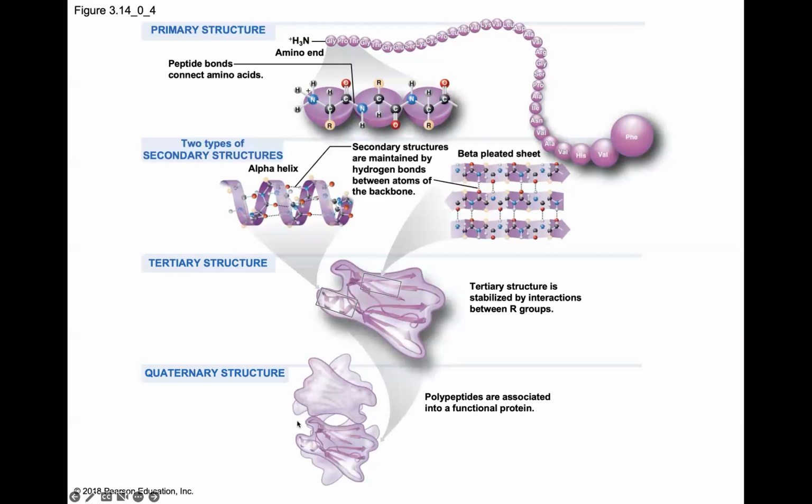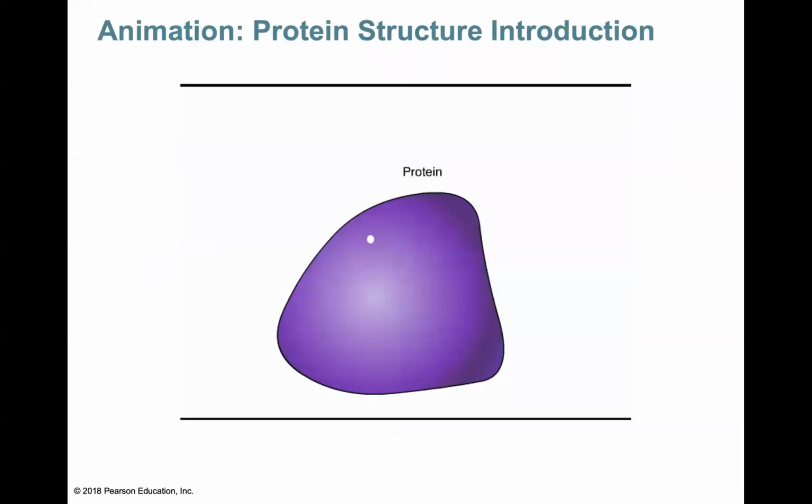And a quaternary structure is created when you have more than one polypeptide chain in association into a functional protein product. So I would like you to be familiar with these four structural levels of the protein.